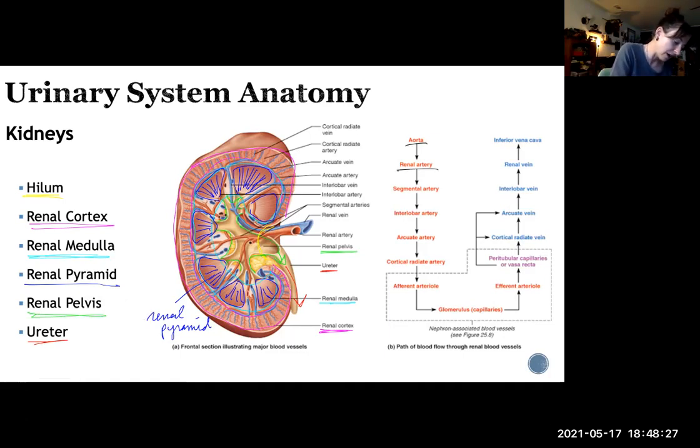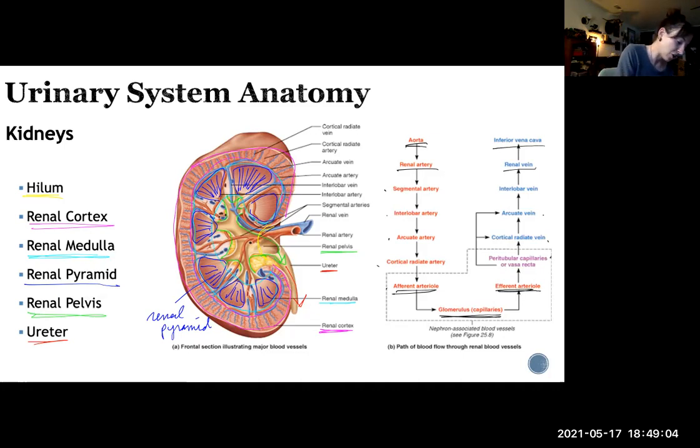We go into smaller and smaller vessels until we get to the afferent arteriole, then what is called the glomerulus, which is a really fun word and a really cool structure that we're going to look at here, which is basically the capillary beds of the kidney, within the kidney, where this filtration actually happens, which continues on to become the efferent arteriole, larger and larger vessels, venules into larger and larger veins until we get to the renal vein and the inferior vena cava, which we already learned about, right?